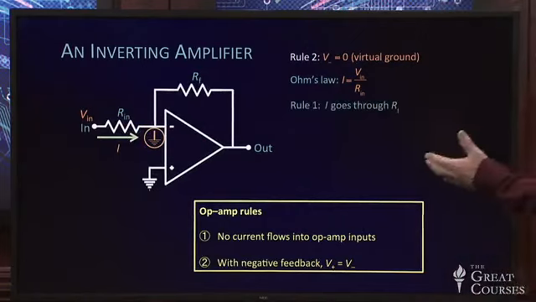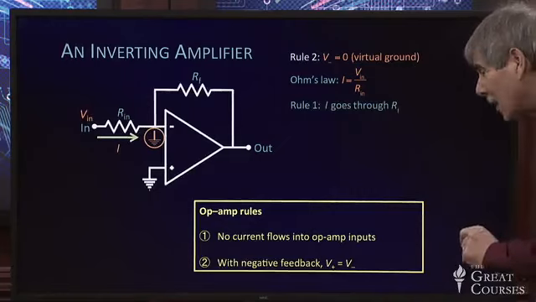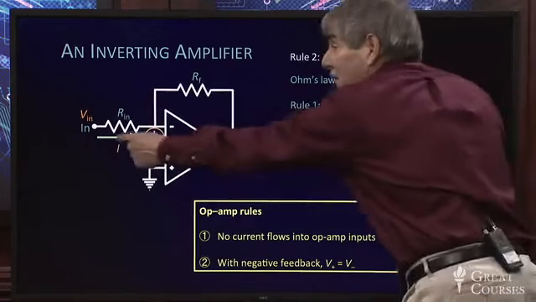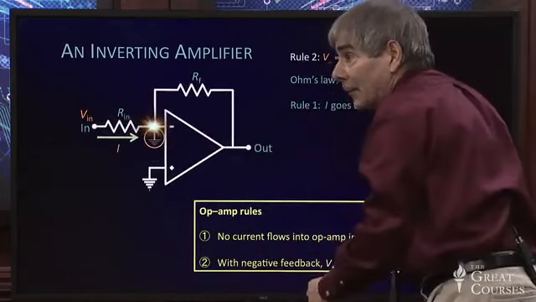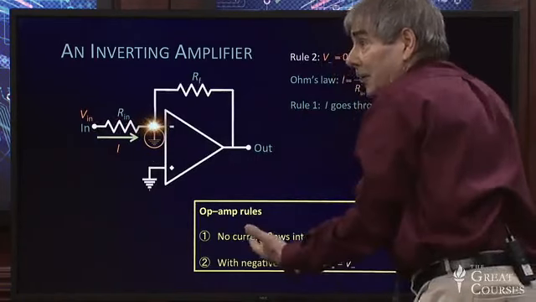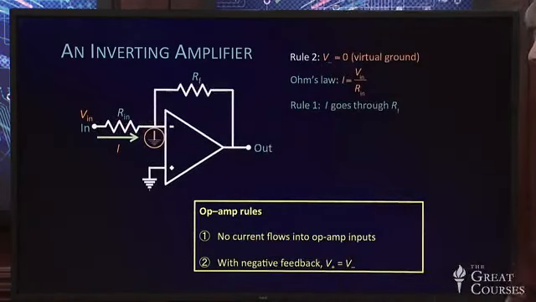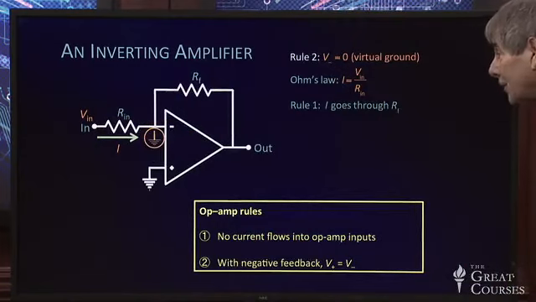Now we go to rule 1. Rule 1 tells us, well, that's not quite what it says, that's what it infers. Rule 1 says no current flows into the op-amp inputs. That means this current we've drawn that's flowing through Rin can't go into the op-amp through its input. The only place it can go then is through RF. So our inference from rule 1 is that I goes through RF.